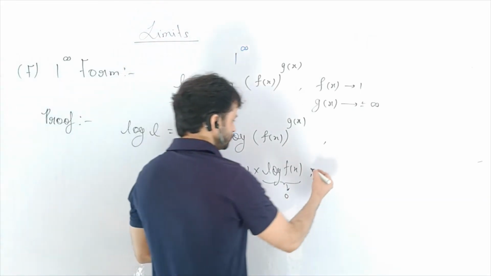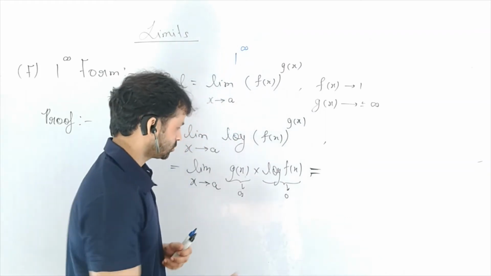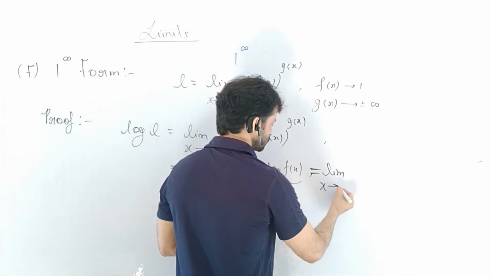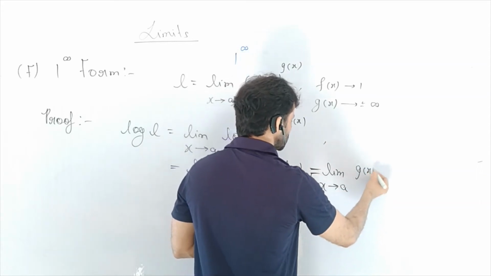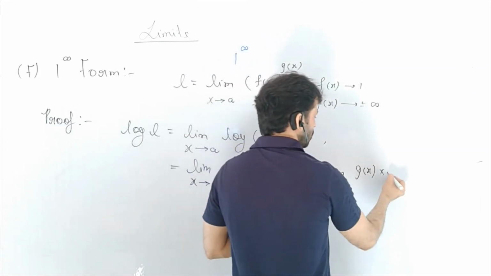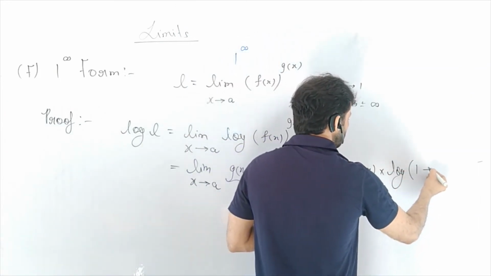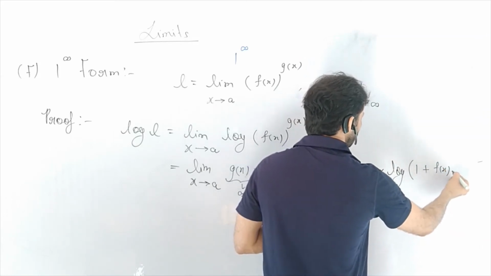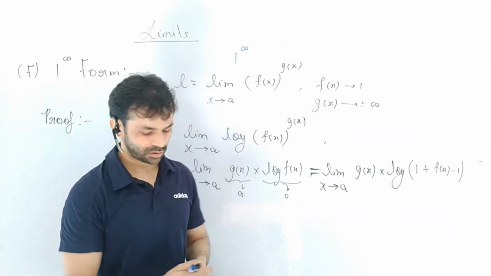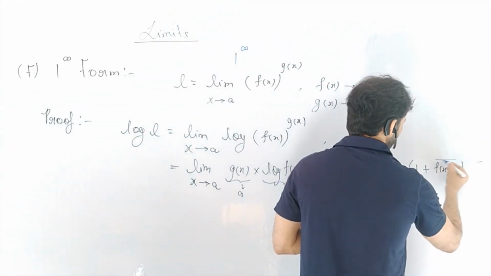So what we'll do, keeping that result in mind: gx into, in place of fx we will write log 1 plus fx minus 1. Adding 1 and subtracting 1. Why?